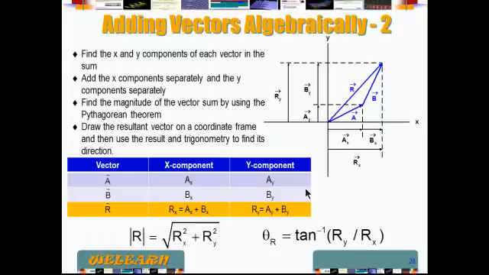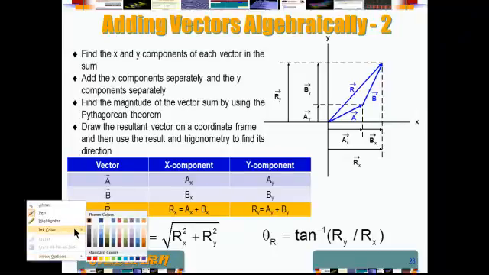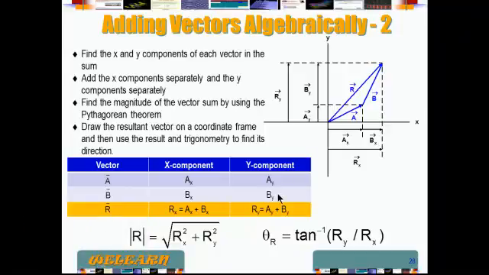So again, to summarize it here, personally I prefer using tables like we see here. All the vectors involved in our sum, we have them in rows, and then at the bottom we have our vector sum. So we have a column in the table for x component and a column for y component.